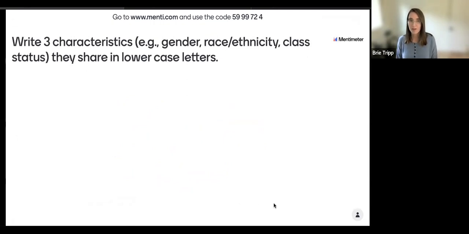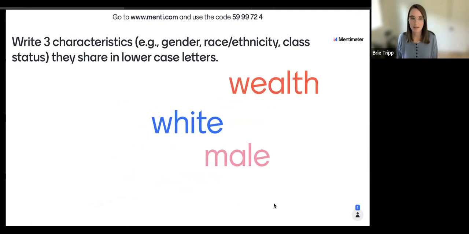Now I want you to write 3 characteristics they share, in lowercase letters again. This can be gender, race, ethnicity, class status, or anything else that they share. Write those characteristics into those 3 boxes in lowercase letters.